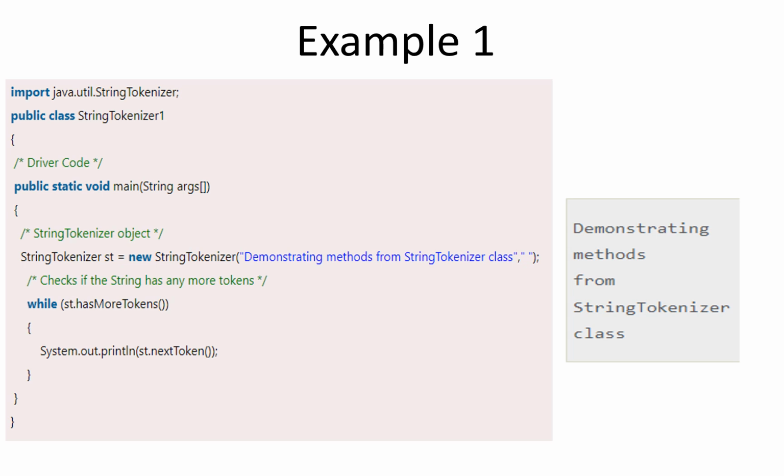Now after initializing this tokenizer string, we are going to implement the methods of the StringTokenizer class over this instance. We are iterating the string using a while loop. While st, which is nothing but the object of the StringTokenizer class, dot hasMoreTokens.